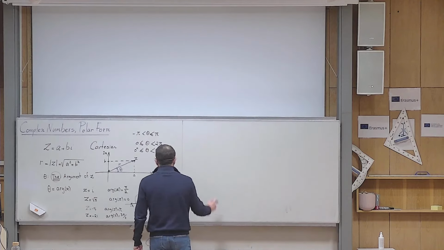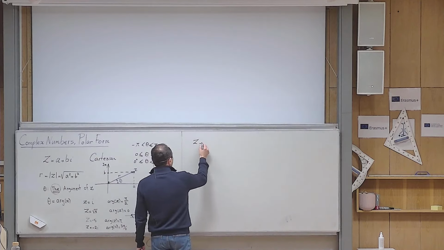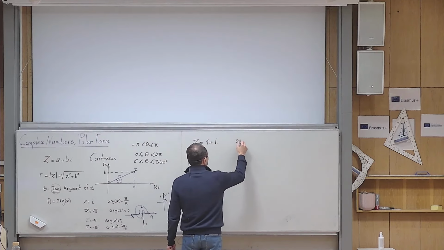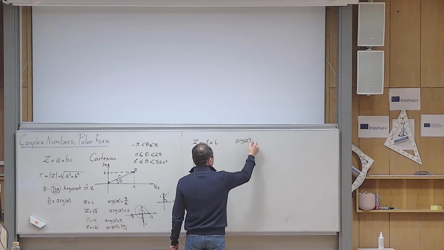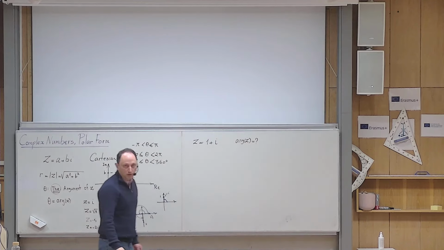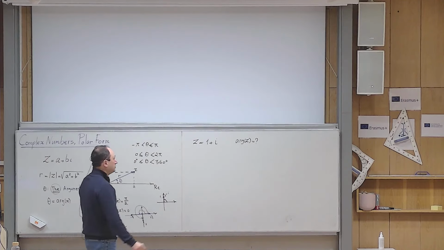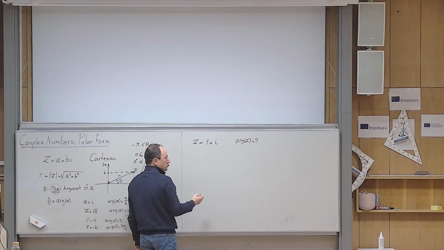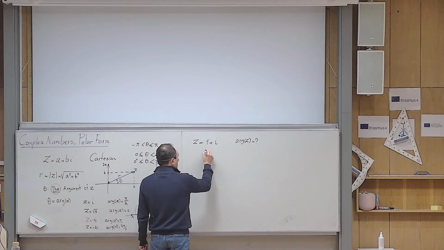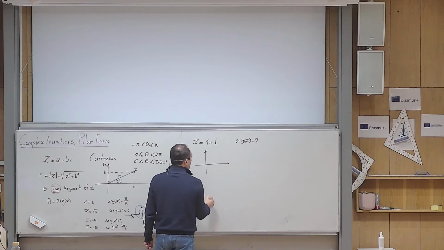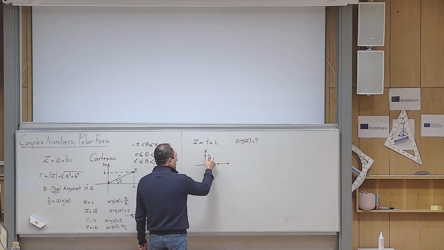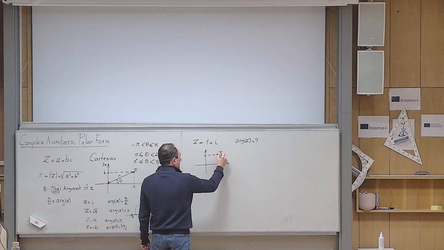Okay, let us write another more interesting one. So what happens, for example, if I give you this complex number, 1 plus i, and I ask you what the argument is. The first thing that you have to do is to understand where this point is. You don't need to be precise, just try to sketch something for yourself to understand that. So this complex number is where? 1 unit on the real part, 1 unit on the imaginary part. So this is my complex number z.